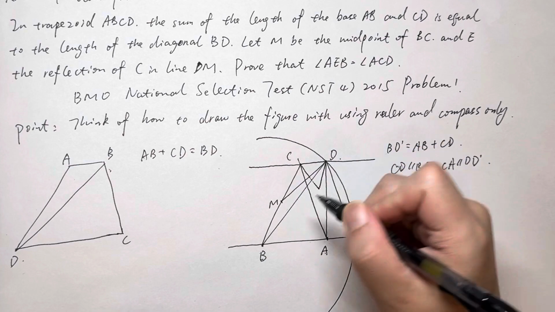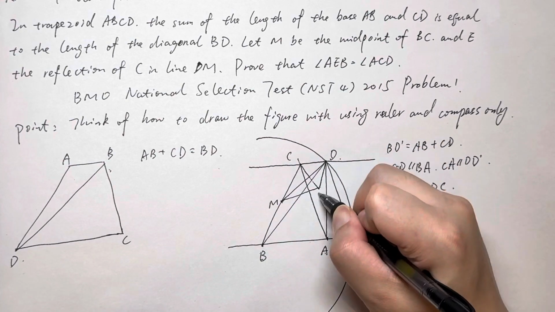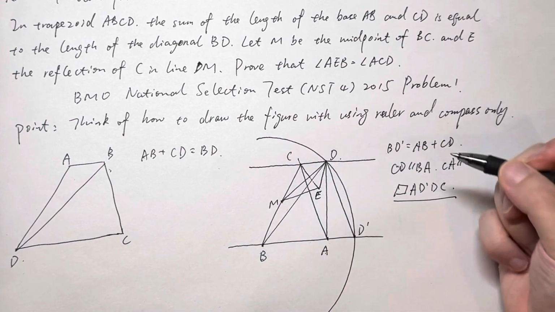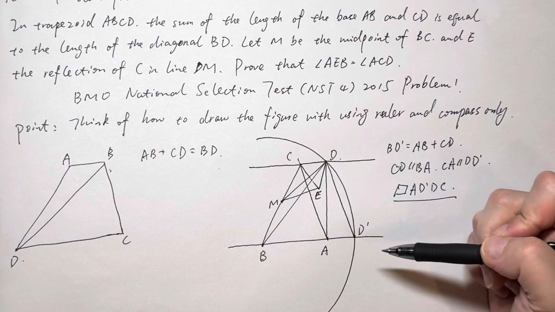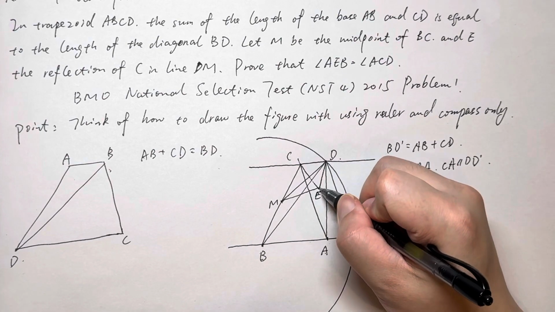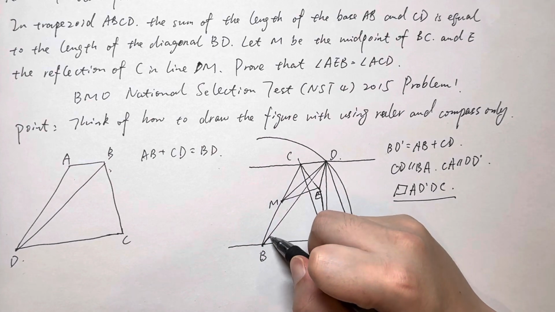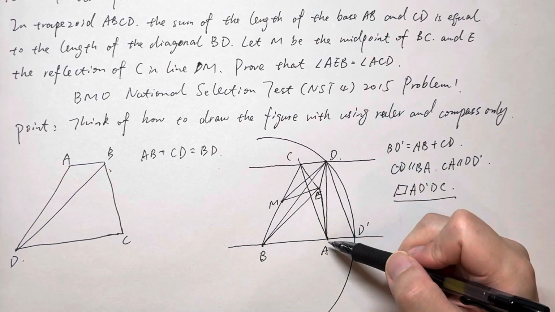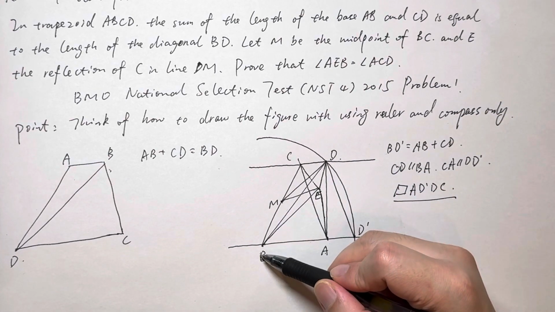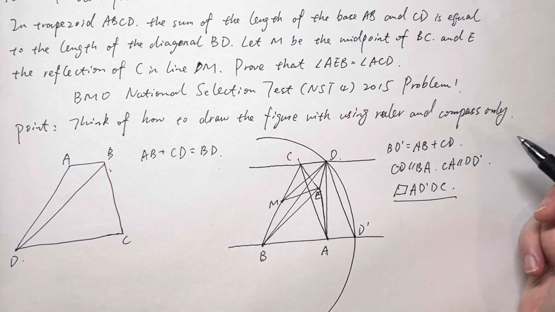Now we connect this one here. This point is E, right? And we want to prove that angle AEB. Let's connect AE, connect BE. We want to prove that angle AEB equals angle ACD.